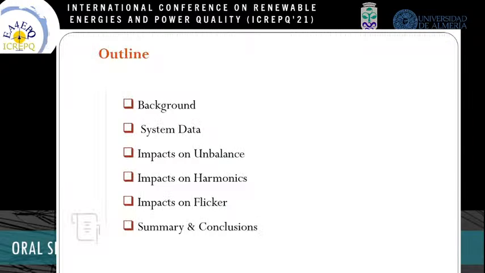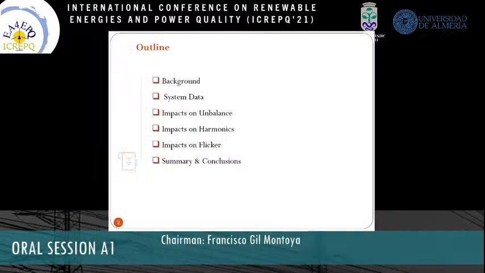The presentation slides outline consists of 6 main topics. First, background, then system data, and after that it talks about the impact on unbalance, harmonics, and flicker. Finally, summary and conclusion.